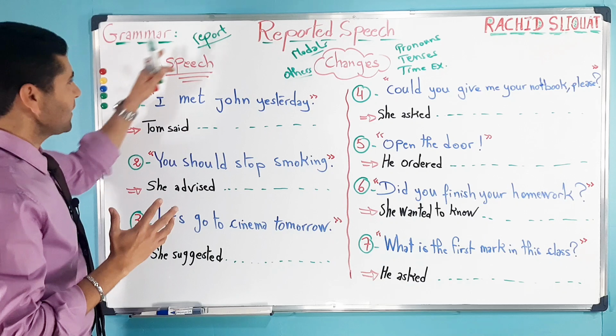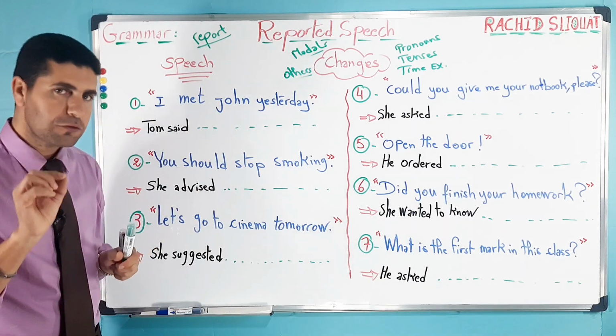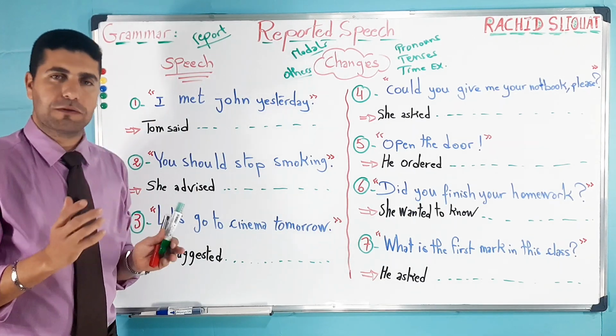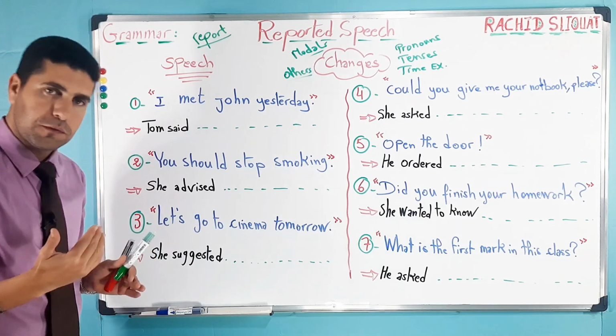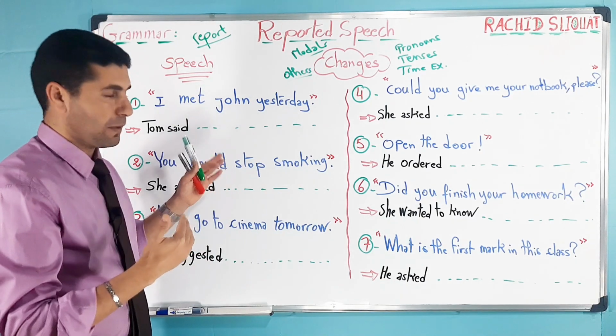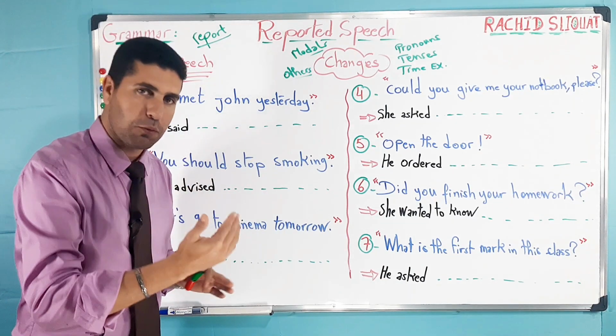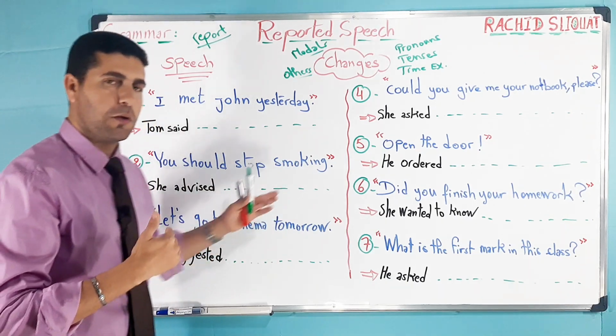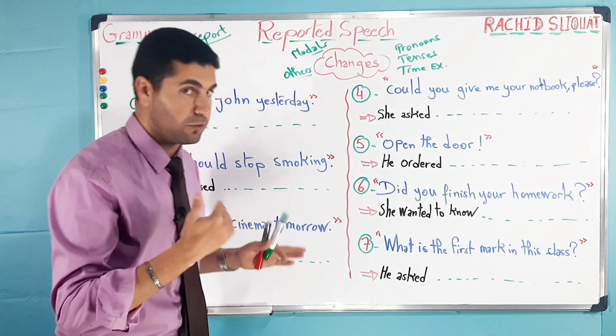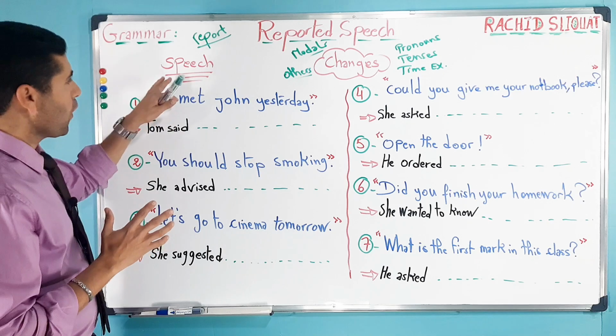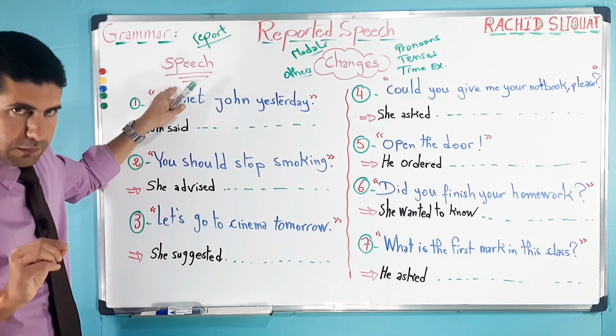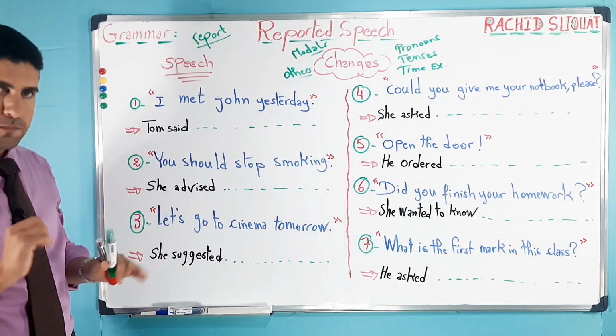These are the kinds of speeches. You have to keep this in mind, because reporting advice is not like reporting a statement. It's not like reporting a question. It's not like reporting a suggestion, etc. This is why you have to keep in mind the kind of speeches.